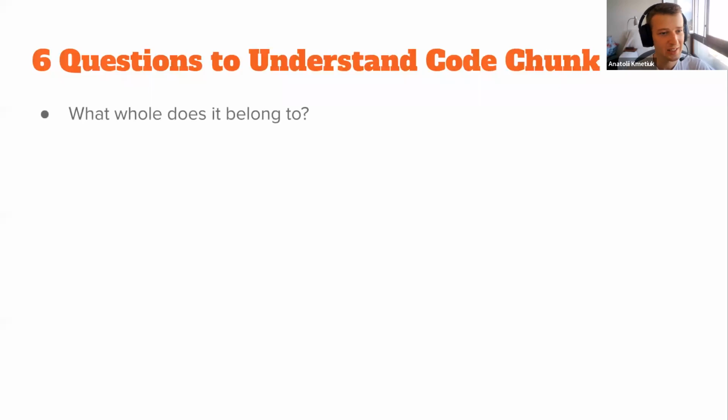So the first question is, what whole does it belong to? So the idea is that compilers and programs are big machines, and machines consist of certain parts. And every chunk of code that you're reading will be a structural part of some bigger code with some more abstract and more general purpose.